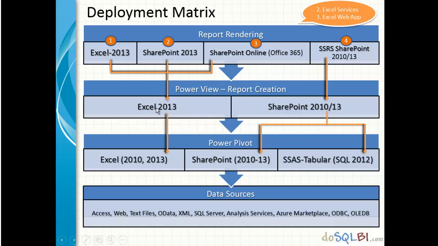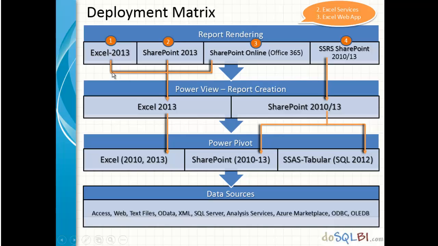And then with Power View reports created as Excel sheets with Excel 2013, those reports can be viewed from within Excel itself. So that is one path where Power Pivot is available as Power Pivot for Excel. The Power View report has been created within the Excel. One can see those Power View reports within Excel itself.